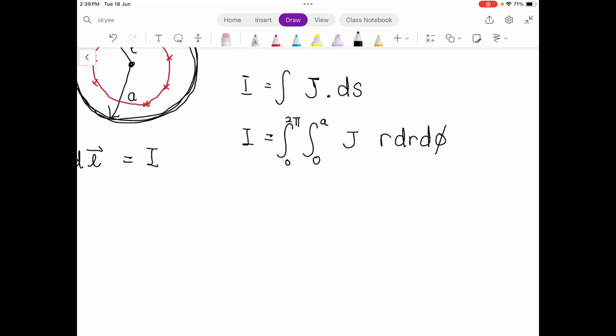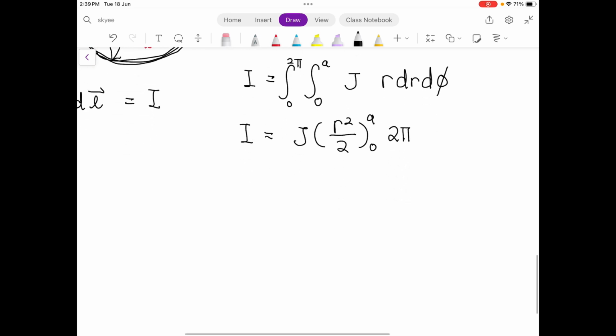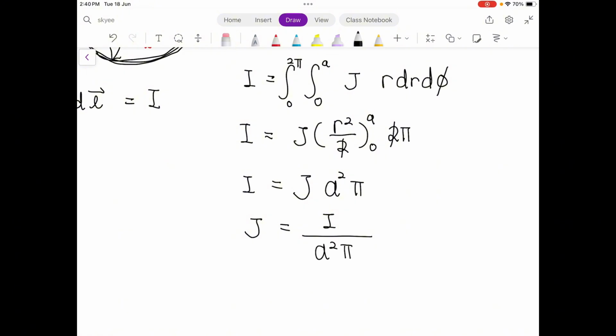If we perform the integration, we have J times r squared over 2, evaluated from 0 to A, and 2 pi. So we get J times A squared pi, and this is our I. So our J will be equal to I over A squared pi.